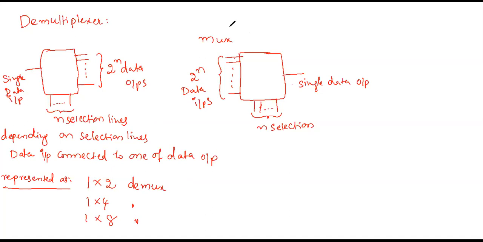Now here n is the selection lines, and 2 to the power of n are the data outputs.